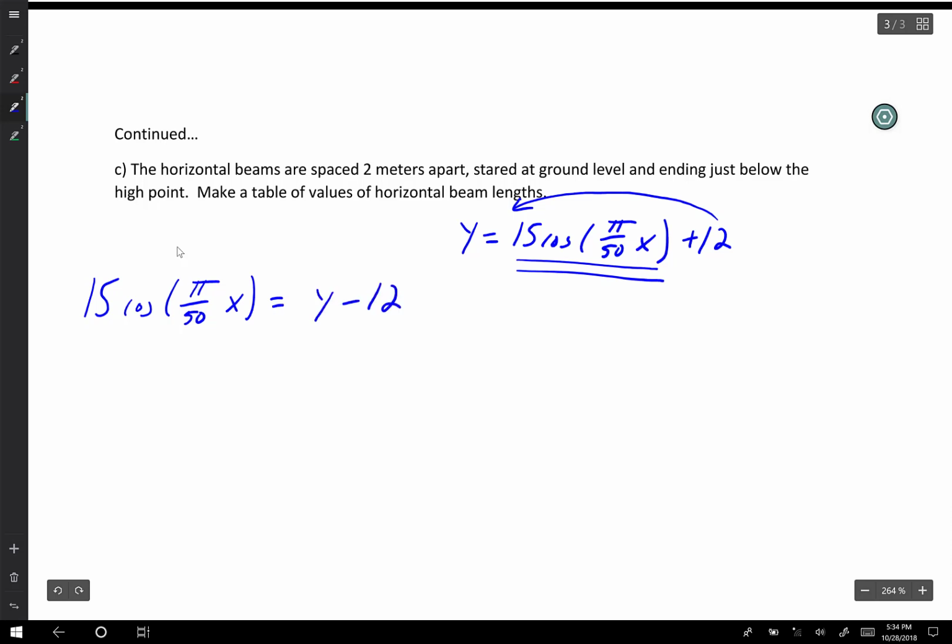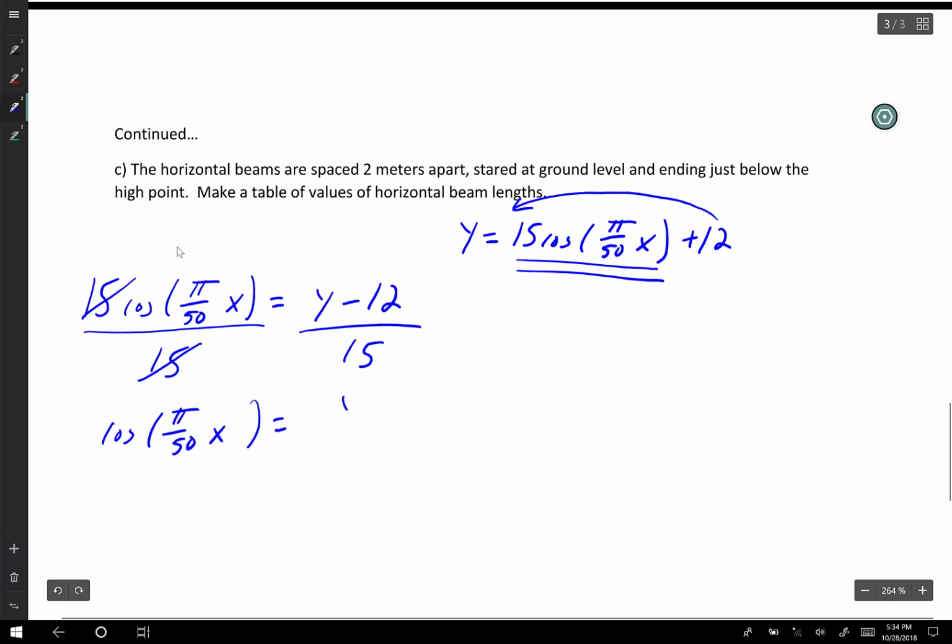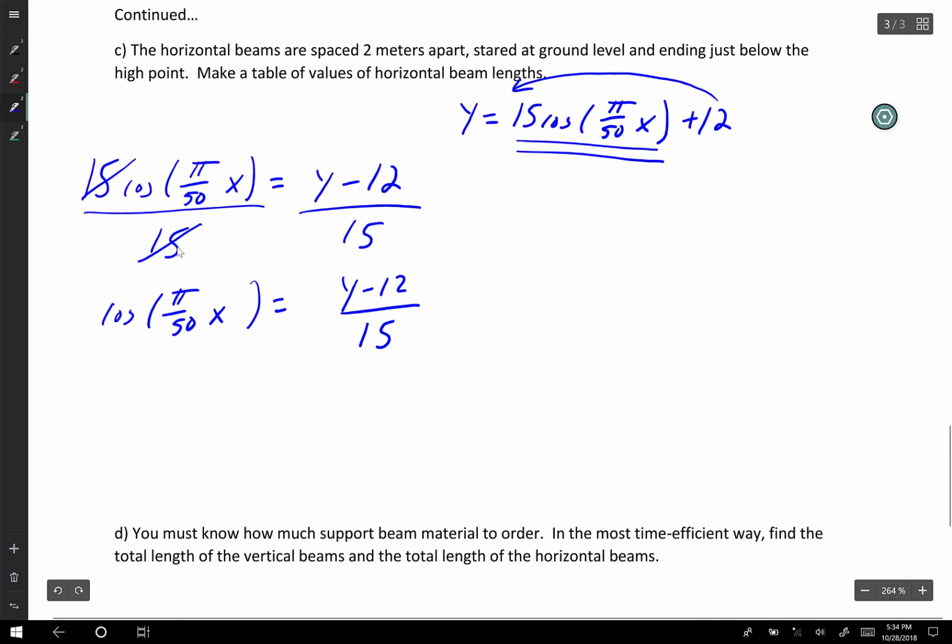Are we cool right now, guys? Next, I'm going to divide by 15 because I have to get rid of that 15. So now I have cosine of pi over 50 x equals y minus 12 over 15. Now I need to get rid of the cosine, so I'm going to do the inverse of it. So pi over 50 x equals, I'm not going to write plus or minus because you're not interested in the negative values, guys. So I'm going to write arc cosine of y minus 12 over 15.